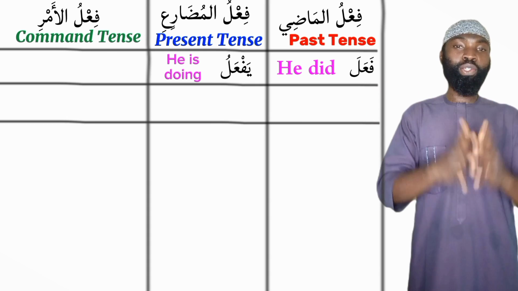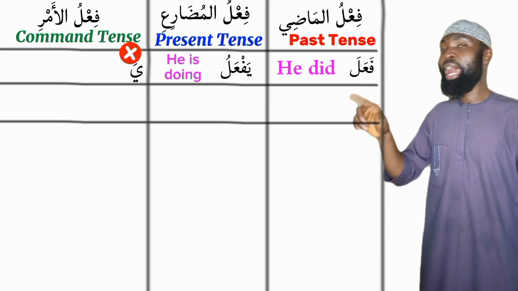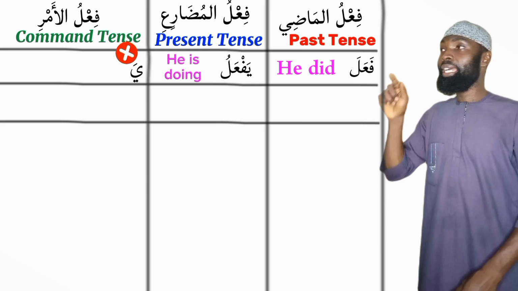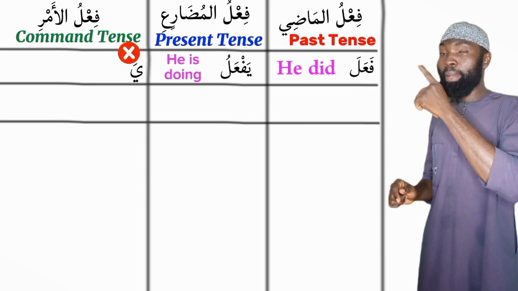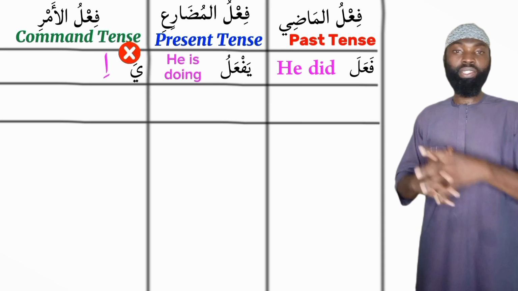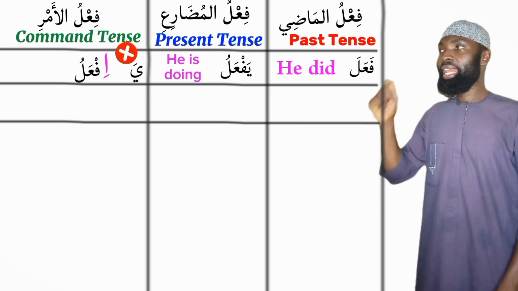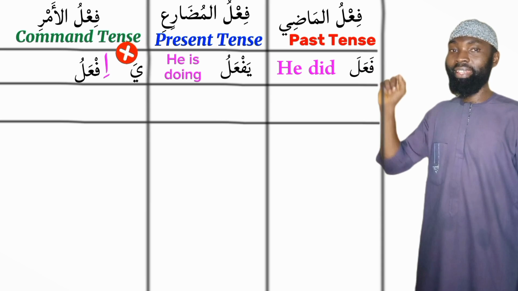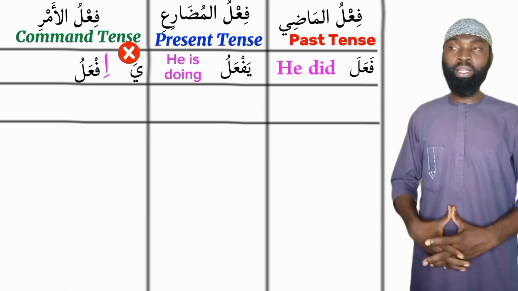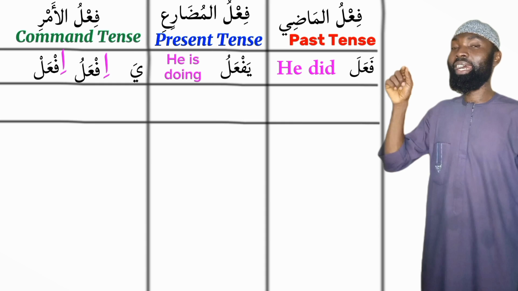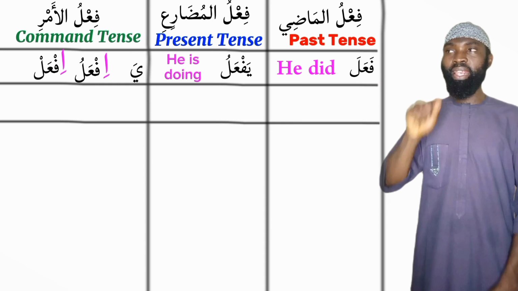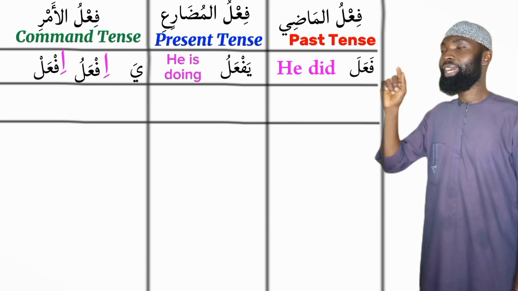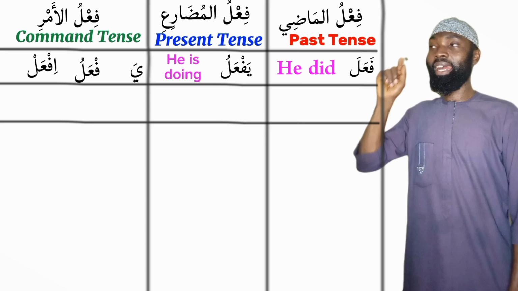All you need to do is to now remove the ya from the fi'lul mudari, and place an alif with kisra there to make it if'alu. Then change the lam at the end from dhamma to sukun. Let it sound as if'al. This is the command tense. So we have if'al.